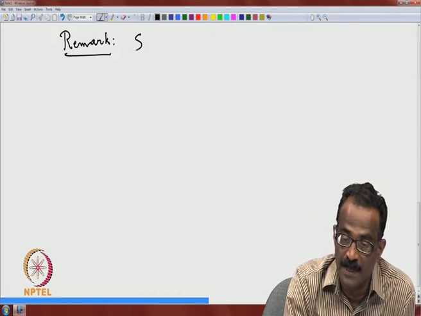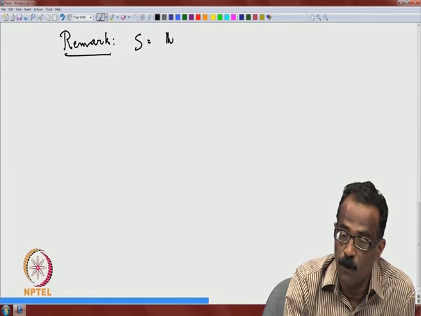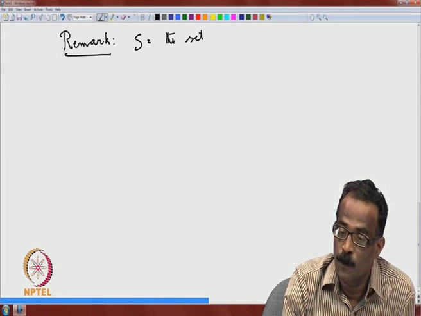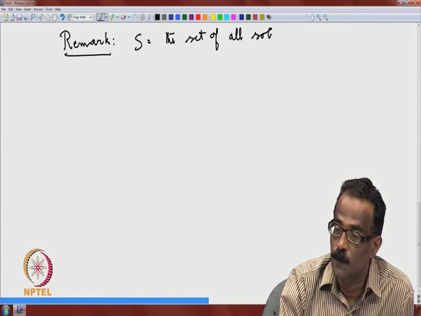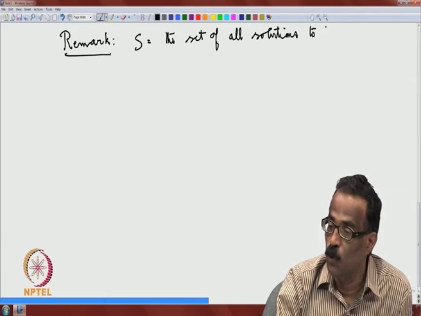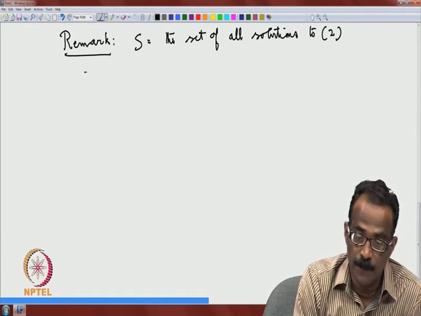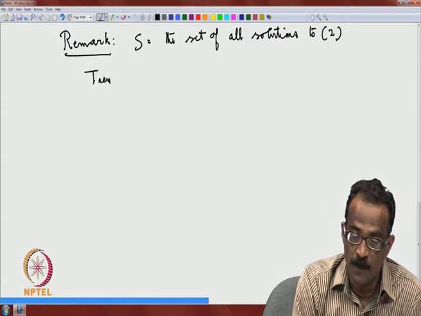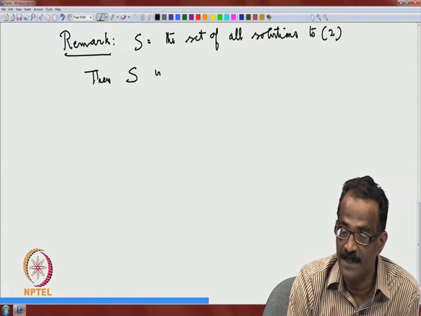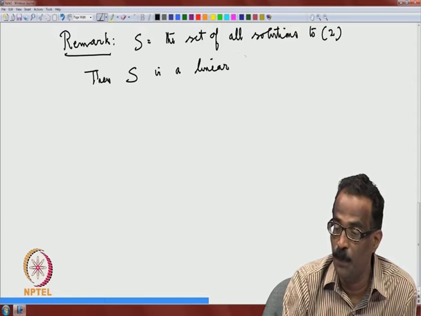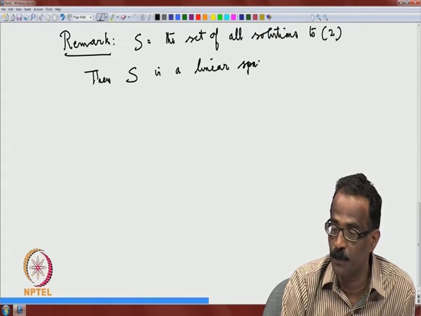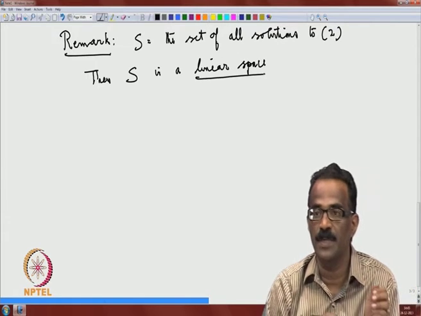If S is equal to the set of all solutions to equation 2, then S is a linear space. That is a very important fact, the superposition principle, that is how it is defined.